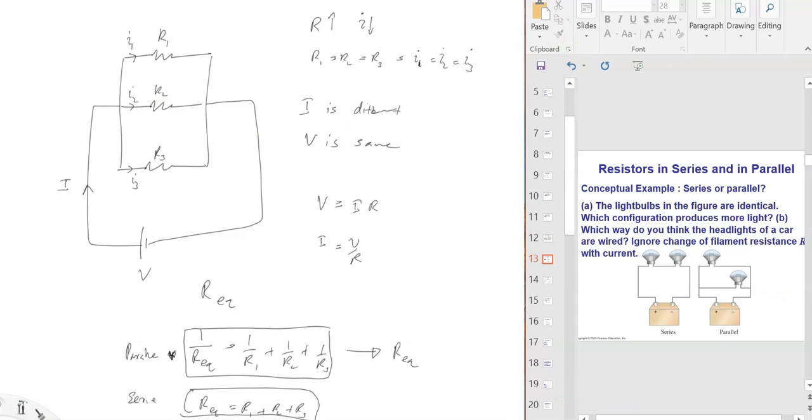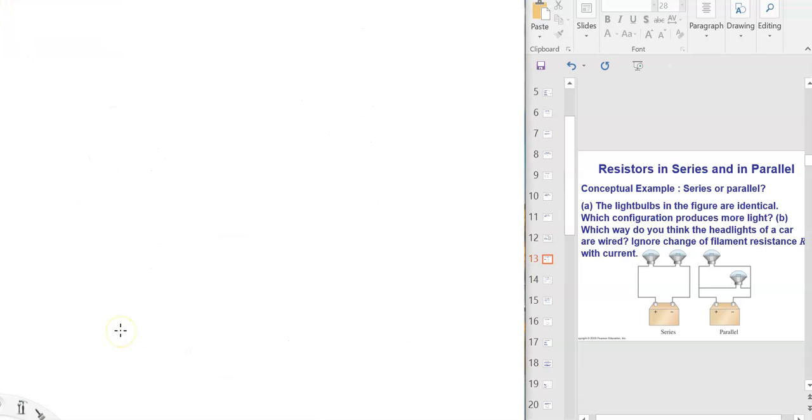Okay, let's clear this. In the first configuration, two bulbs are in series. This is 12 volts. Bulbs are identical. This will have 6 volts.